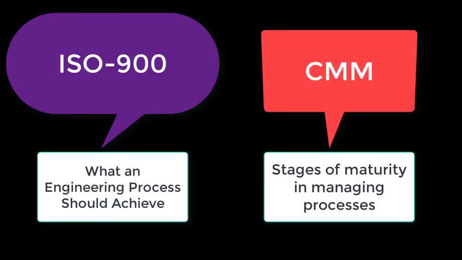I've added 2 extra videos to Chapter 2. One of them is about ISO 9000, and that's a standard for what an engineering process should achieve and how it can achieve it. And the other is CMM, which is the Capability Maturity Model, which are stages of maturity in managing processes.